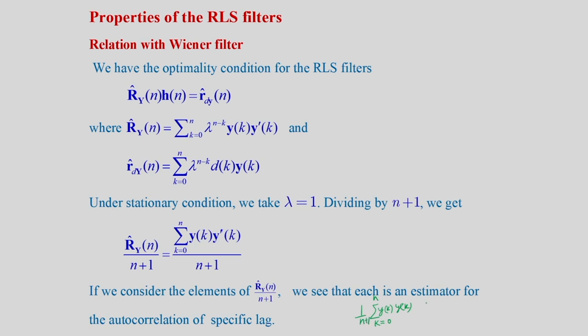So, this will be the estimate for the variance, sigma y square hat. That way all the elements of this Ry hat matrix divided by n plus 1 will be the corresponding autocorrelation function at a specific lag. So, this is an important observation.